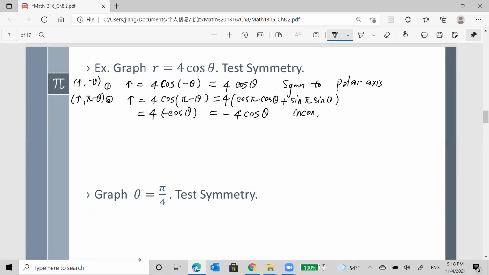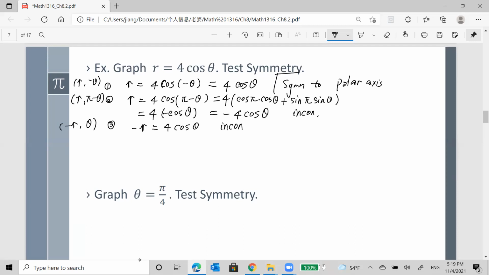Third, let's see if it's symmetric to the pole. So what should I plug in? Negative r, theta. If I plug into this equation, I have negative r equals 4 times cosine theta. Are they the same? No, they are not the same. So this test is inconclusive.